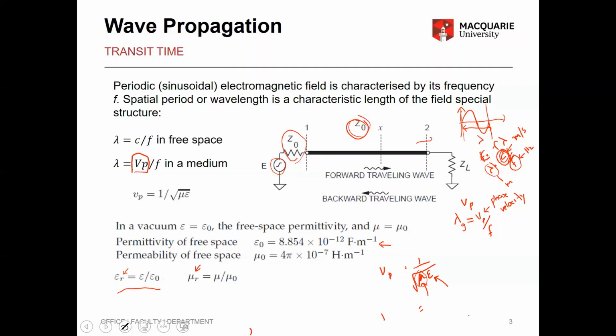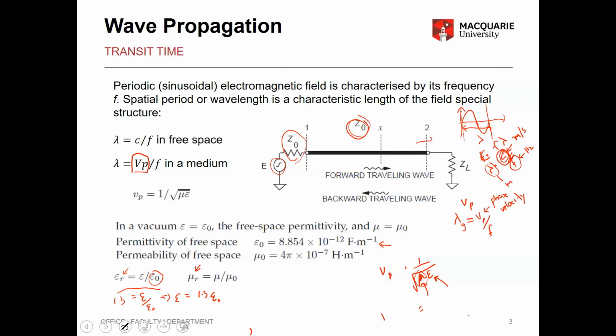So if you know the relative permittivity, and you know the permittivity of free space, then you can derive the rest. Say for example, the relative permittivity is 1.3 for a certain material. Then its permittivity epsilon would be 1.3 times epsilon naught.